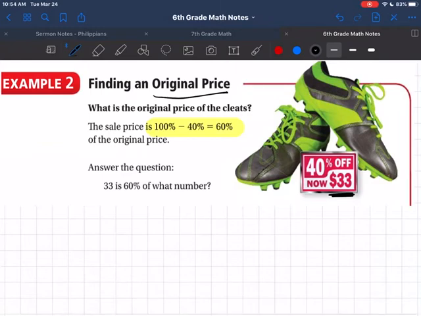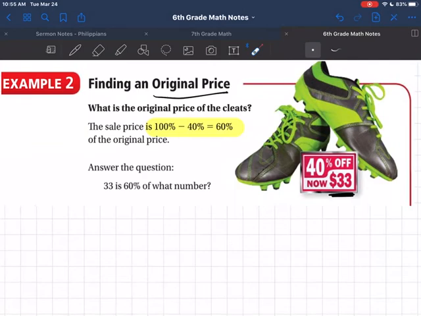The sale price is, so 40% off, okay? So right here, we have 40% off, okay? Now, 40% off is basically 60% of the total final amount. So 100% is the original price, okay?